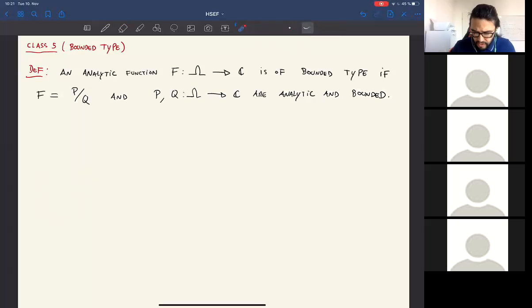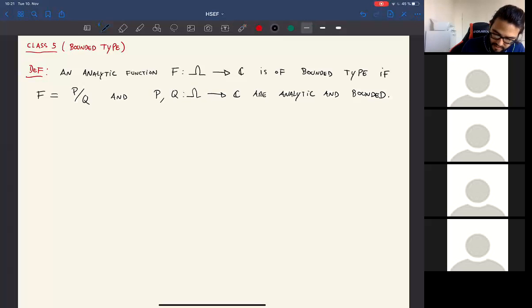Another way of saying that is there is a bounded analytic function Q such that when you multiply Q by f, that function is also bounded and analytic.